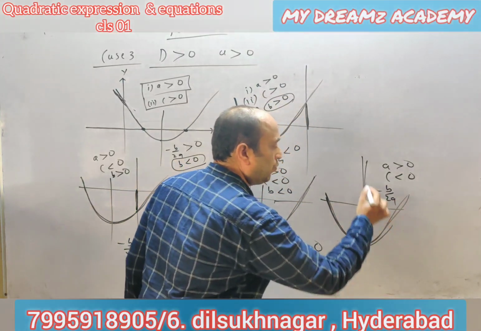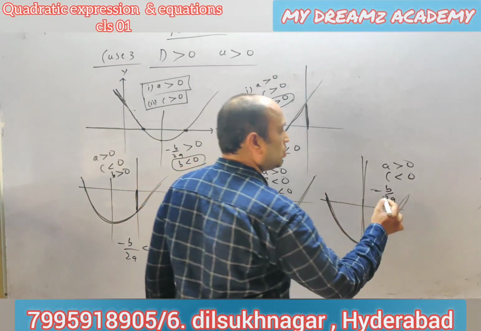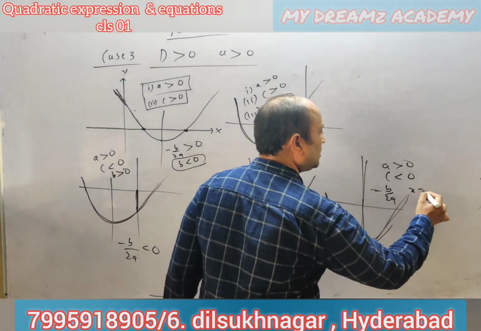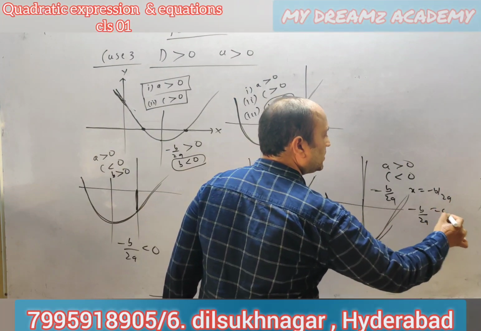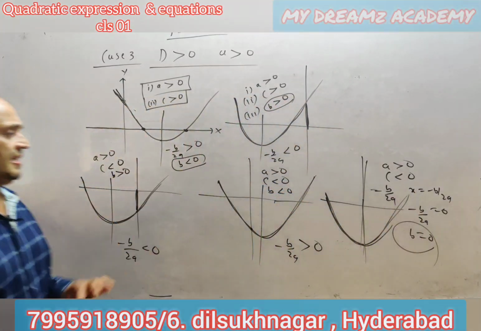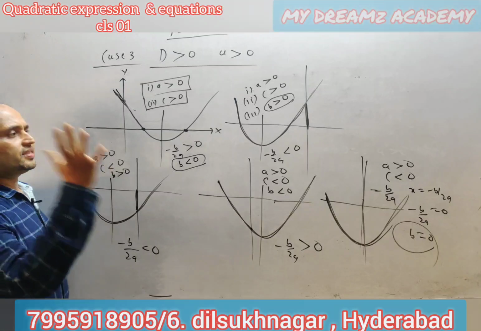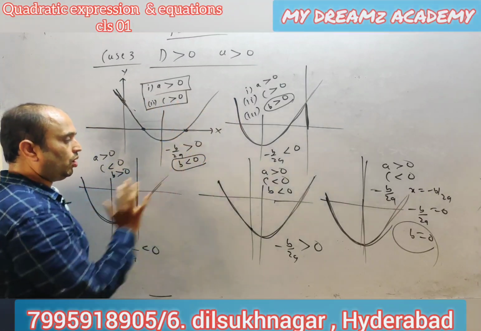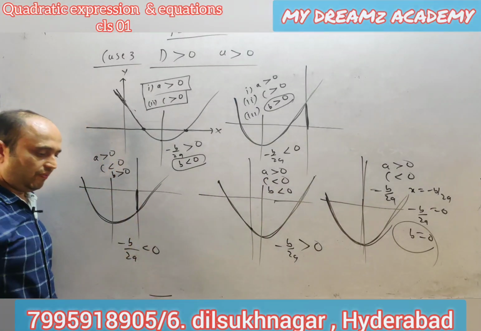On the y-axis, x is 0, and we already know x equals minus b by 2a, that is 0, so b equals 0. These are the different cases when the discriminant is greater than 0 and a is greater than 0. For the upward parabola in total, we get 5 different cases.